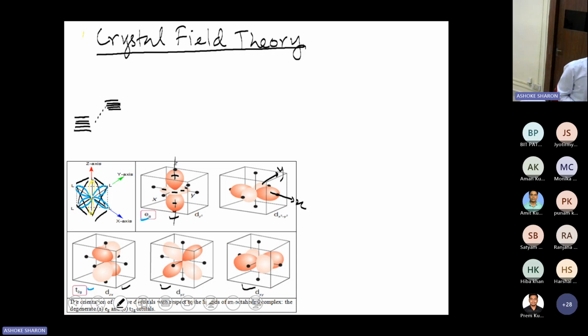Now here one term you must try to understand. When all the orbitals have the same energy, they are called a degenerate set of orbitals. So this is a degenerate set of orbitals under the spherical field.